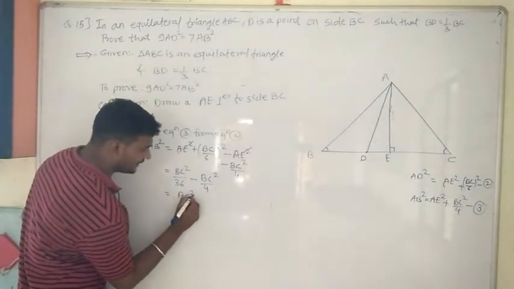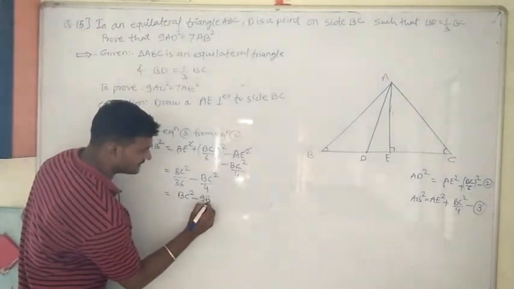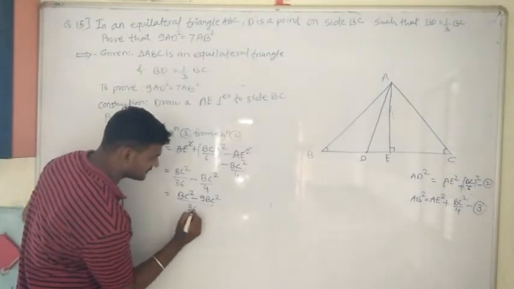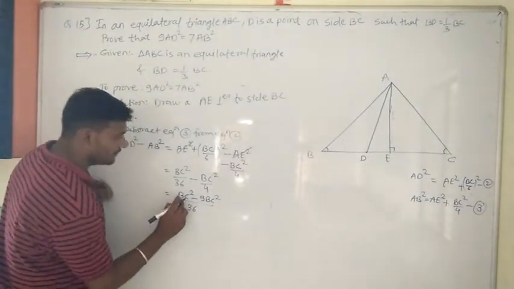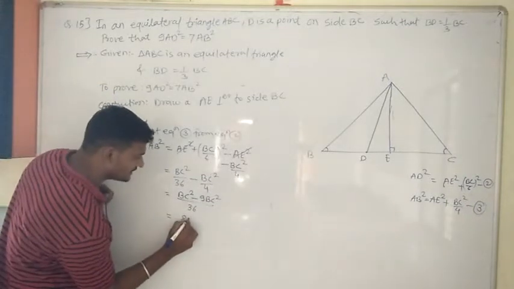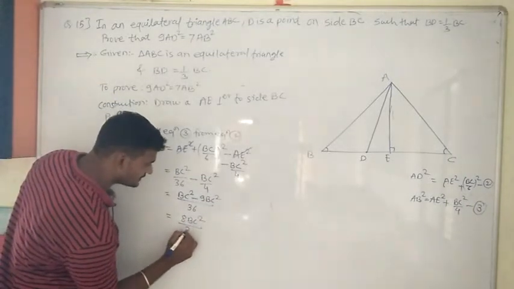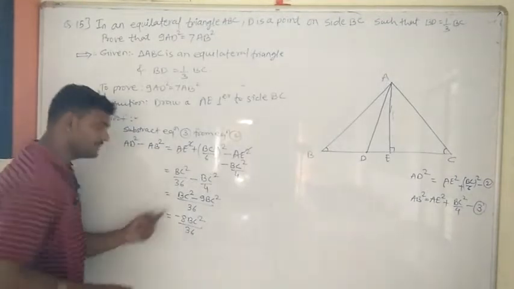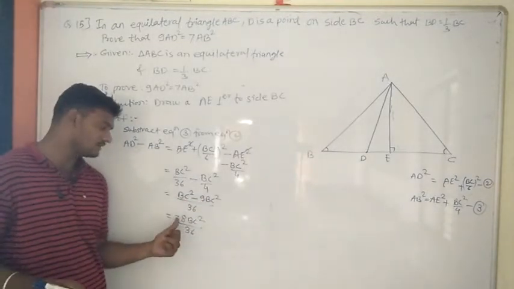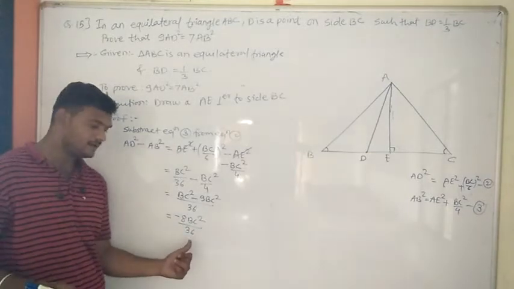Then in the numerator, BC square minus 9BC square divided by 36. BC square minus 9BC square is equal to minus 8 times BC square divided by 36.